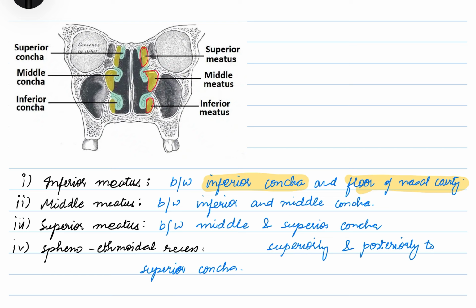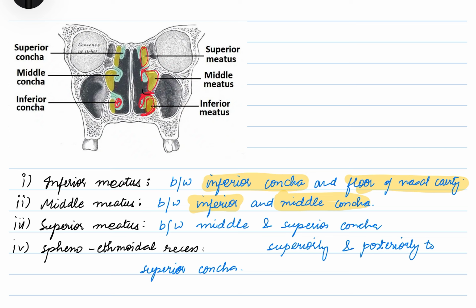This is the inferior meatus present here, and this is the inferior concha. Now the middle meatus is present between the inferior and middle concha. It's quite clear from the diagram that it is present between the middle concha and the inferior concha.